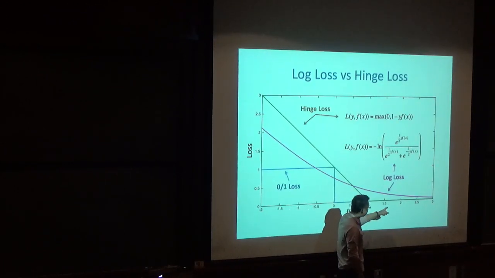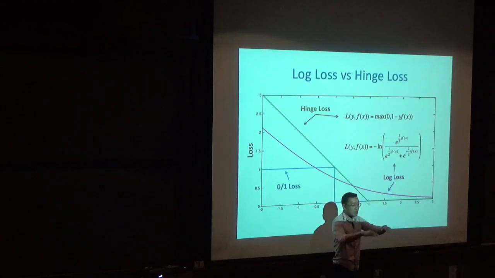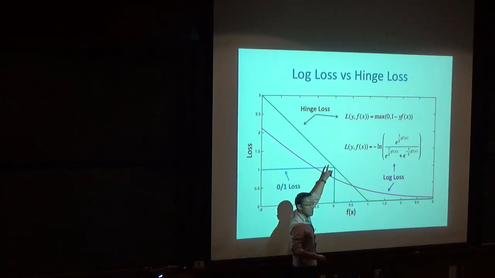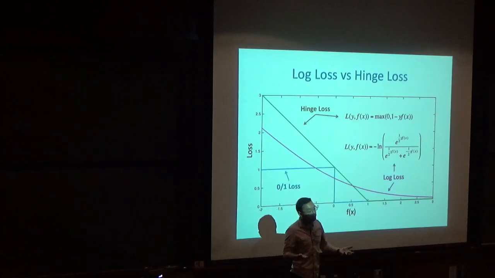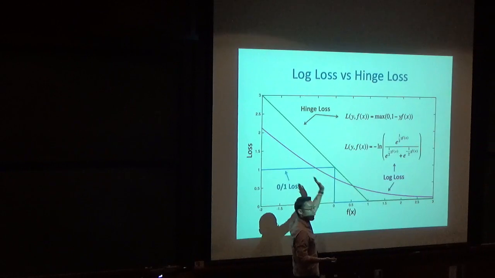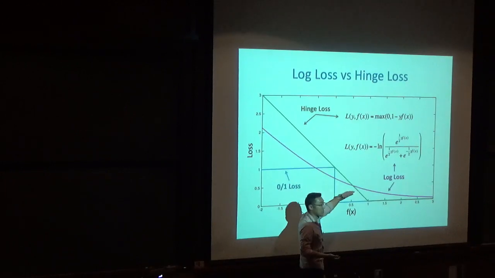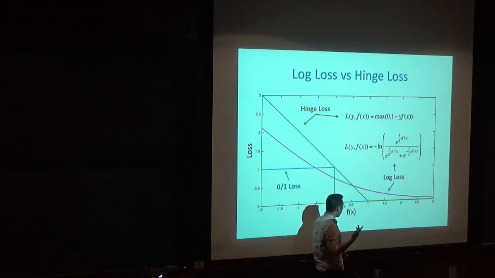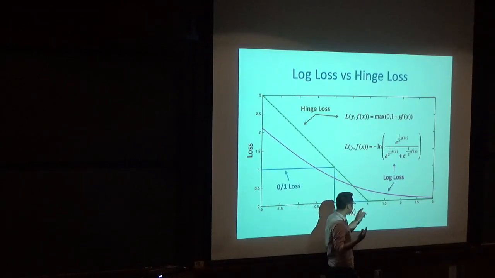So if I'm over here, this data point applies 0 gradient to the learning objective. If I'm over here, this data point applies the standard gradient magnitude, because it's a linear line, so the gradient is the same over here. The only point where you might be concerned is if y times f of x exactly equals 1.